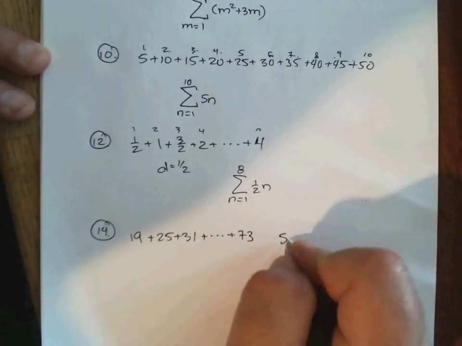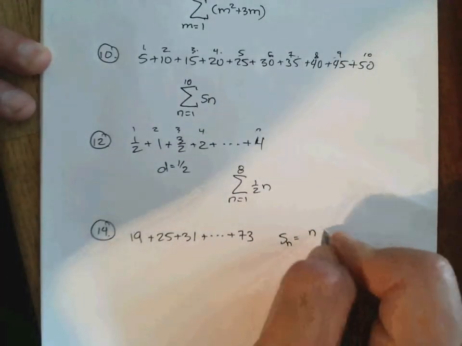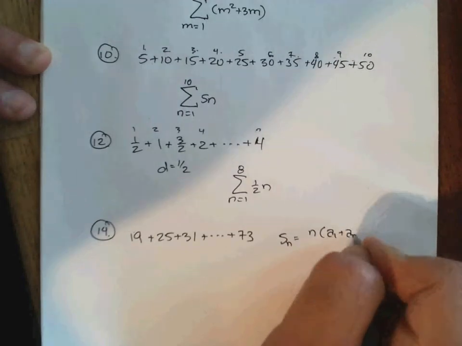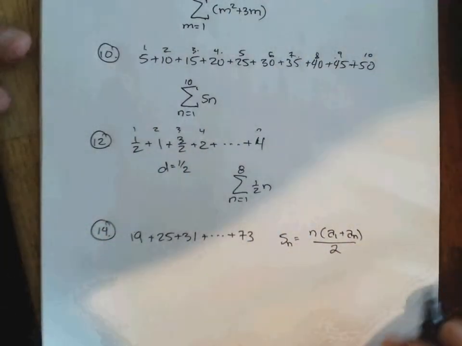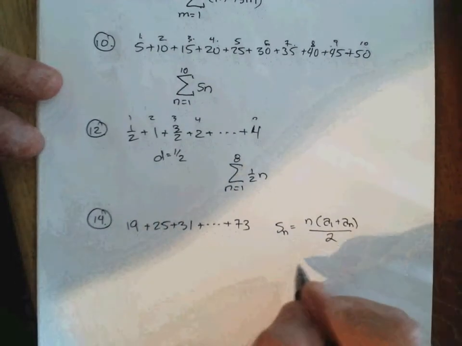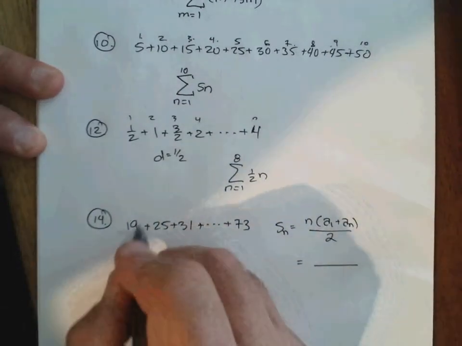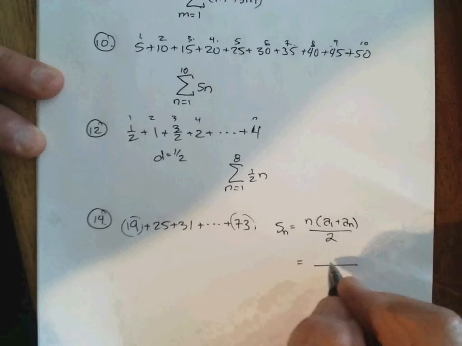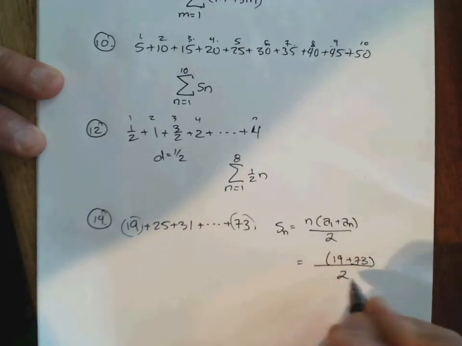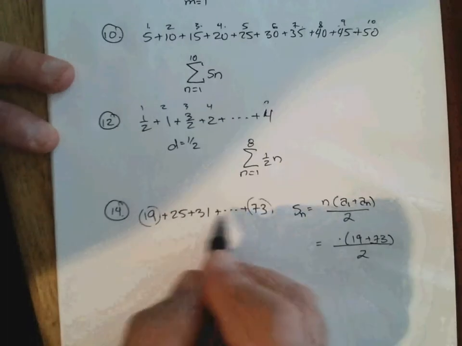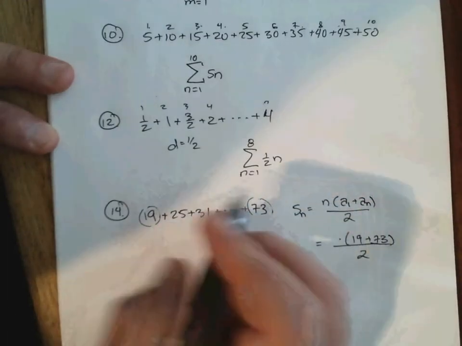So the sum of the first n terms, n times (a1 plus an) divided by 2, is what we're using here. I certainly know the a1, and I know the a sub n. And I know the 2. What I don't know is the n.